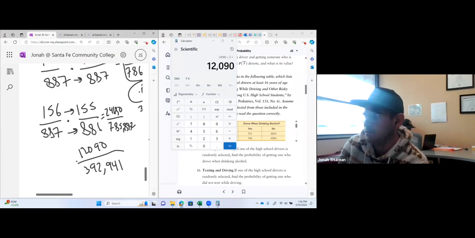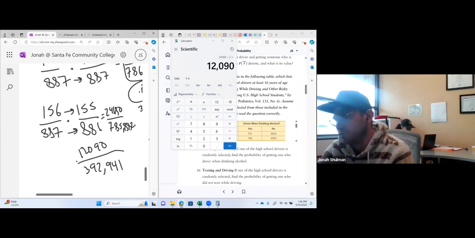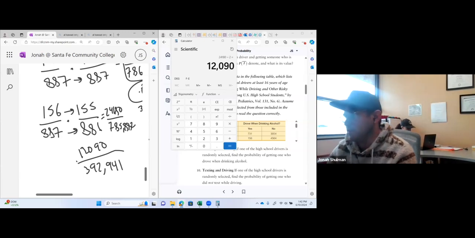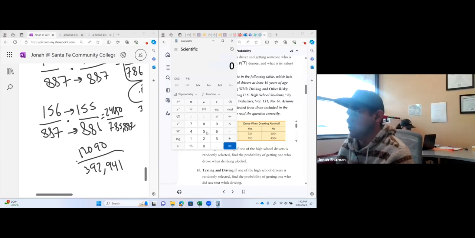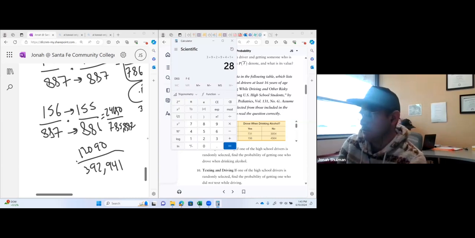Now, to see if this can be divided by 3, 1 plus 2 is 3 plus 9 is 12. 12 goes in. So this is what I'm doing, just so you can see: 3 plus 9 plus 2 plus 9 plus 4 plus 1 is 28, and 2 plus 8 is 30. 3 goes in. That's how I know I can divide both of these by 3.